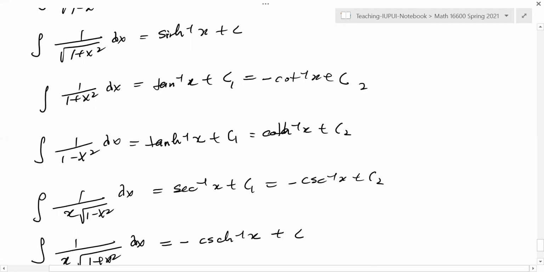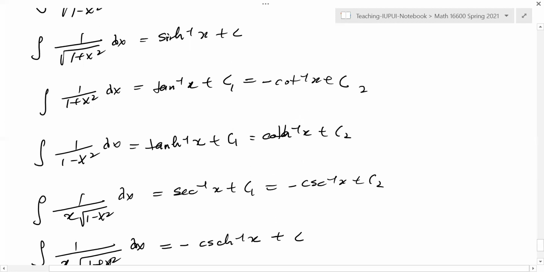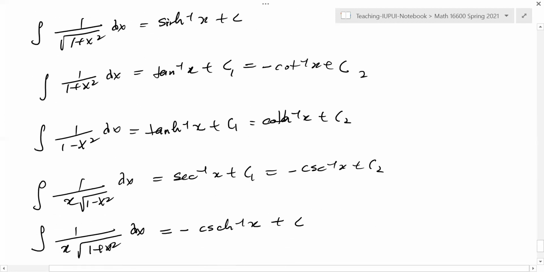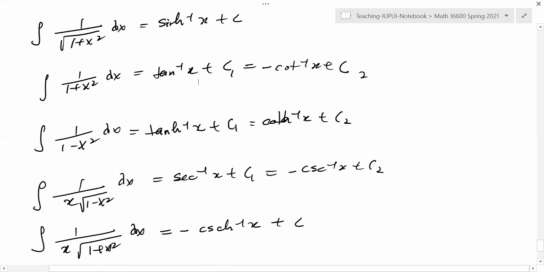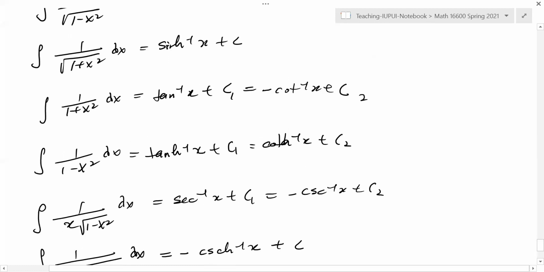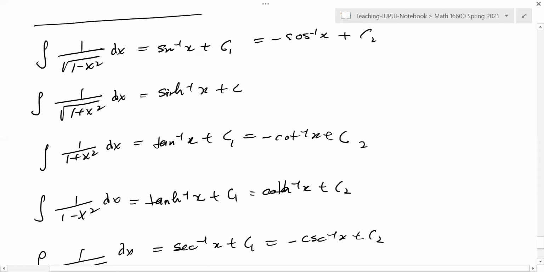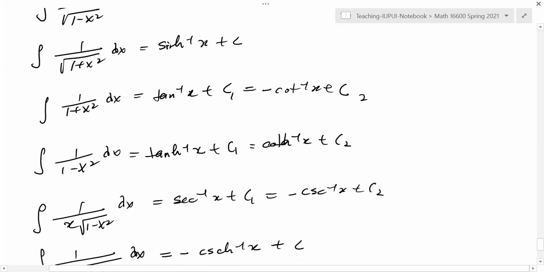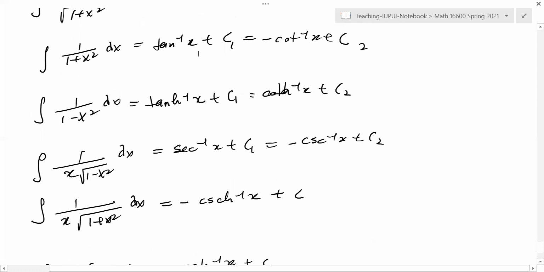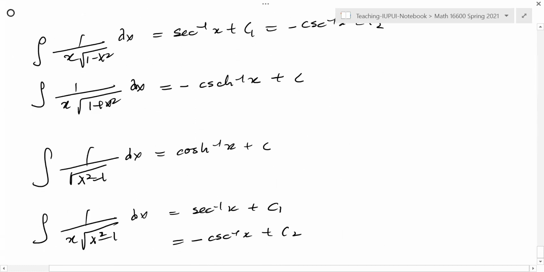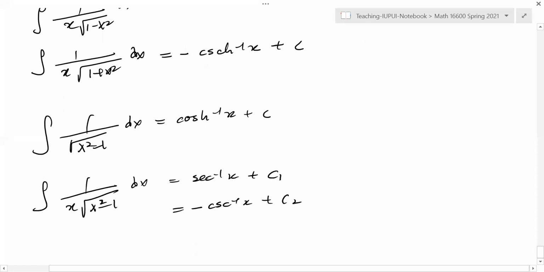I think I made a mistake here. This is x squared minus 1, not 1 minus x squared. That's a mistake. Yes, x times the square root of x squared minus 1. I can double check.